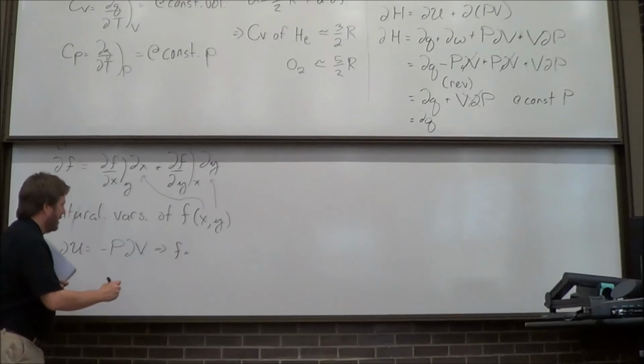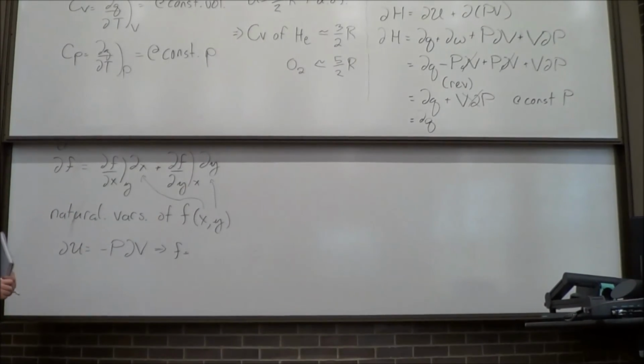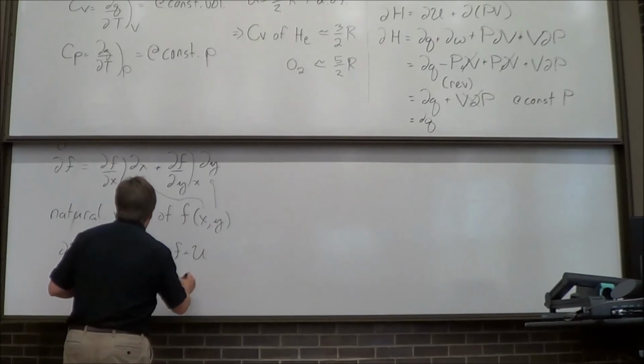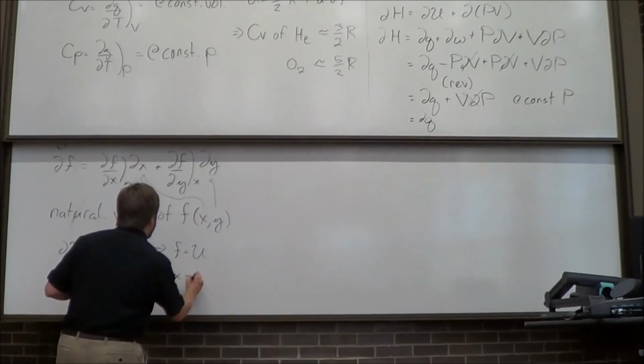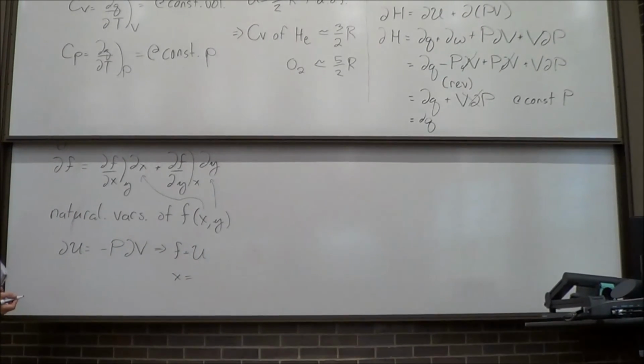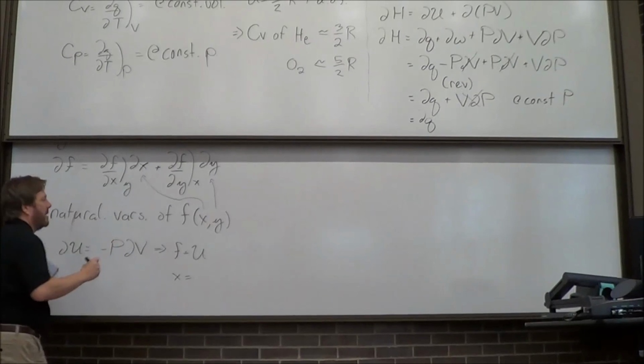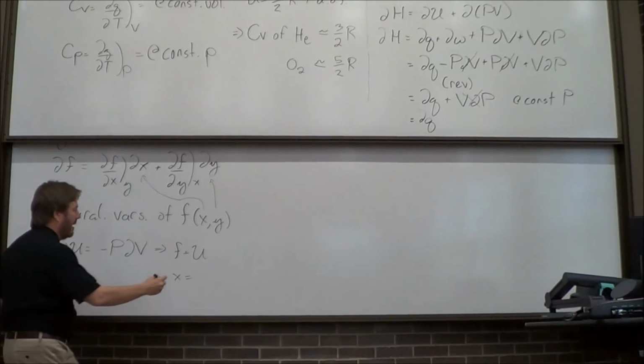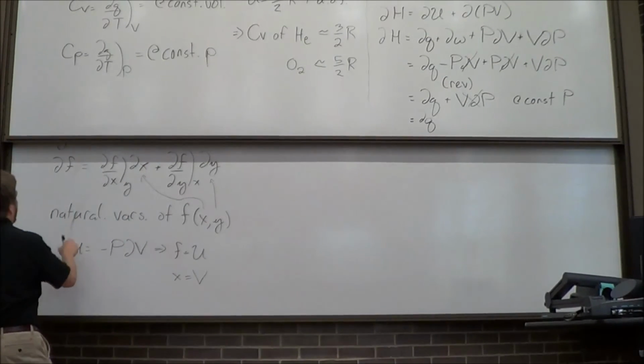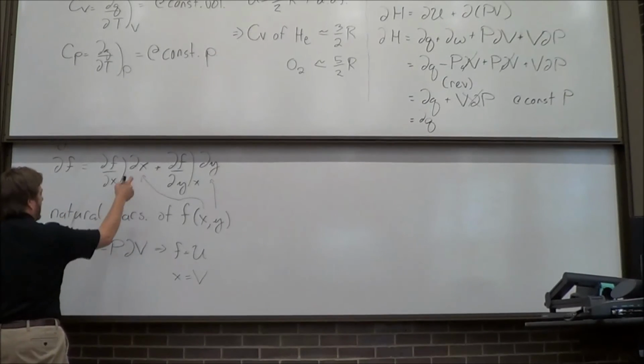What's f? In this example, f is u. And then x is, again, where do you look to find your natural variable? It's v. Here to here, literally it's this childish.